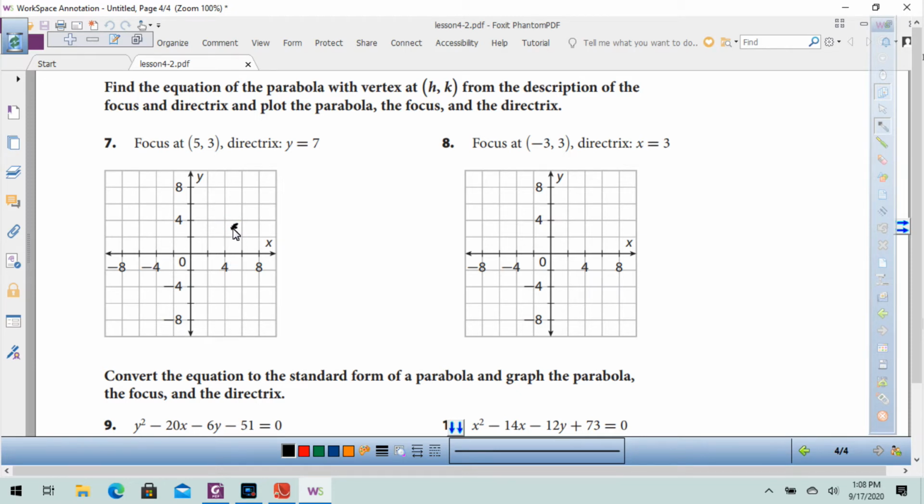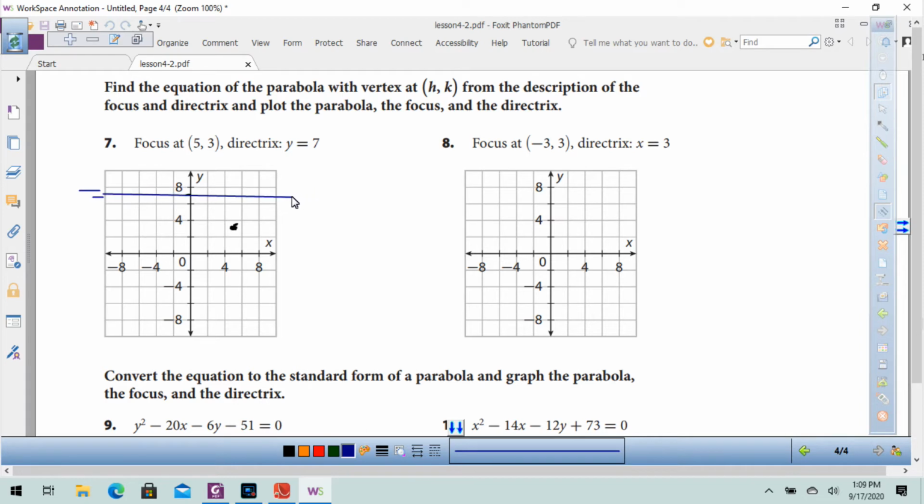So there is our focus at 5, 3, right in the middle. Our directrix is y equals 7. Well, 7 is going to be right there. So let's draw y equals 7.